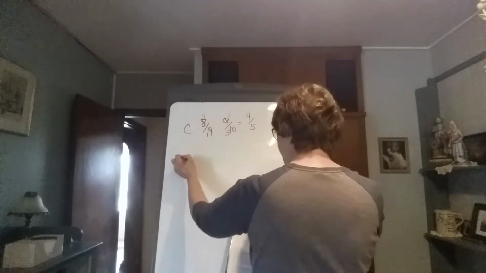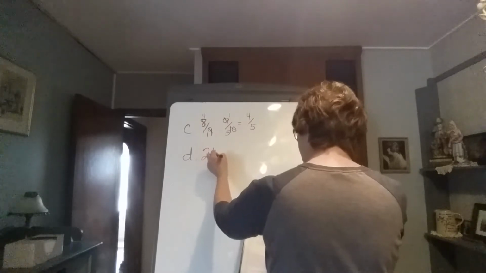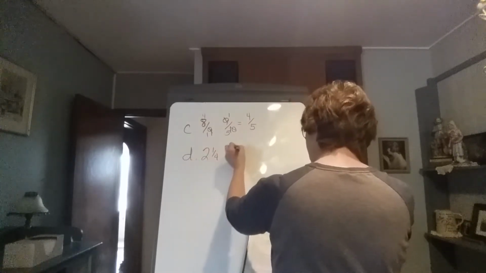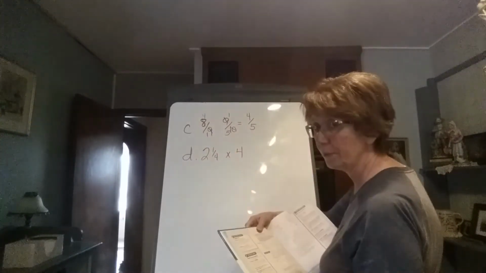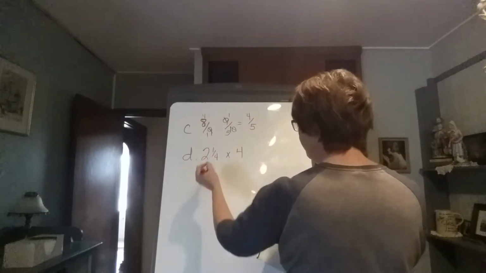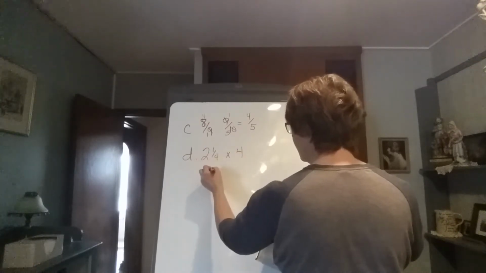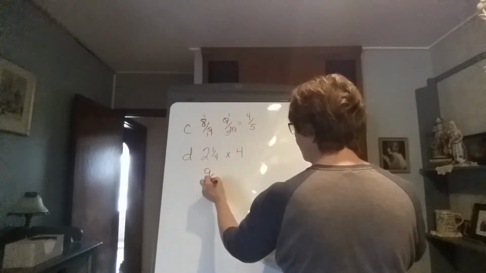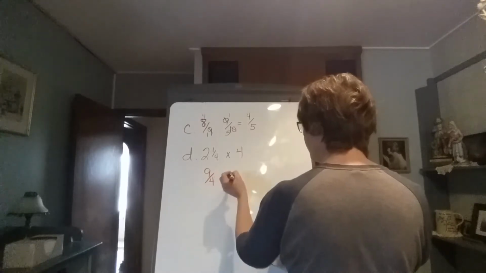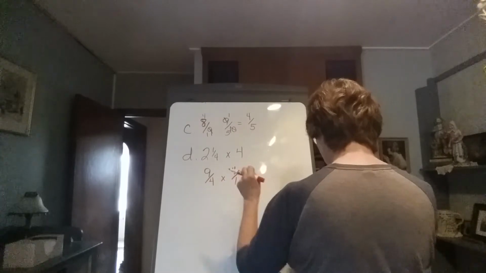Moving on to D. 2 1/4 times 4. So I'm going to walk through this one with you. We have to make these into improper fractions. So 2 times 4, 8, plus 1 is 9, over 4 times 4 over 1. I did the multiplication sign there.